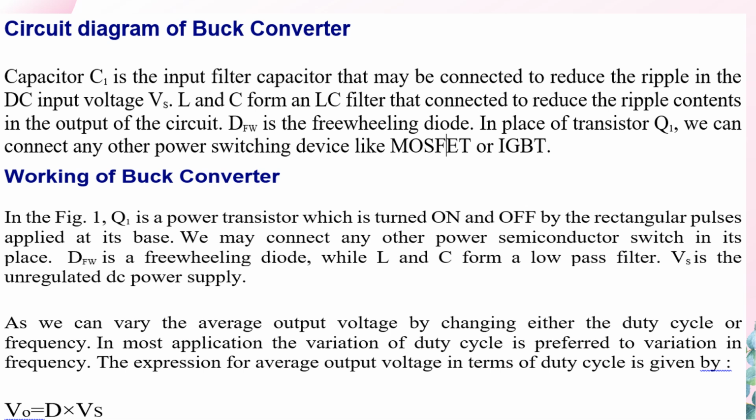As we can vary the average output voltage by changing either the duty cycle or frequency, in most applications the variation of duty cycle is preferred to variation in frequency. Now the expression for average output voltage in terms of duty cycle is given by V0 is equal to D into Vs, where V0 is the output voltage, D is the duty cycle, and Vs is the input voltage.